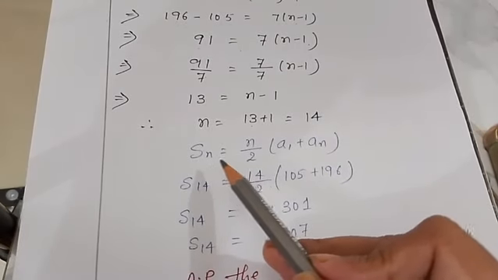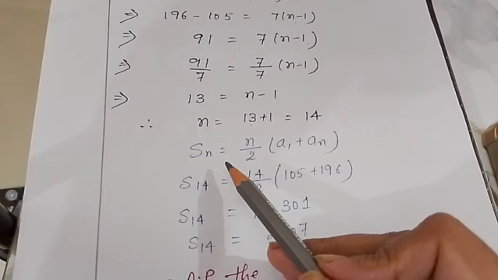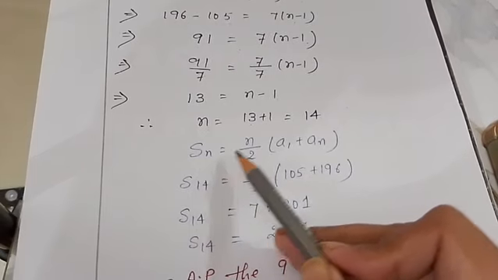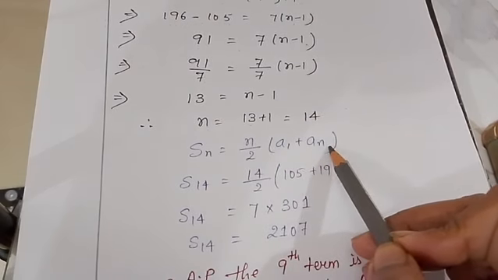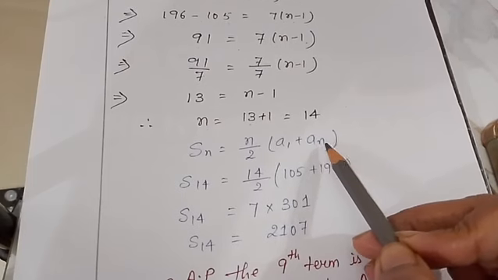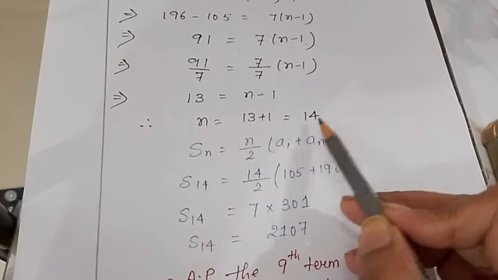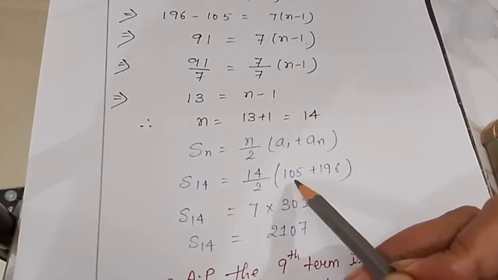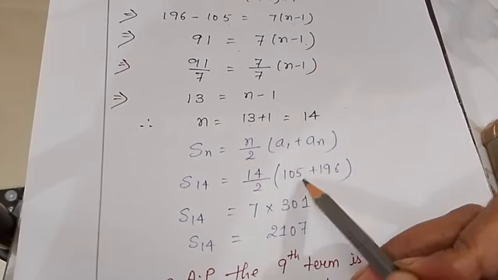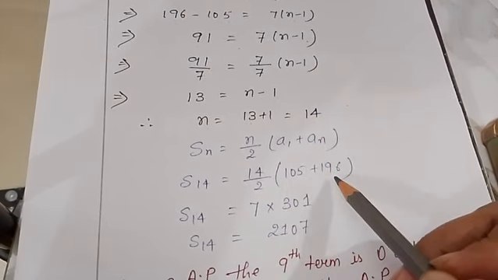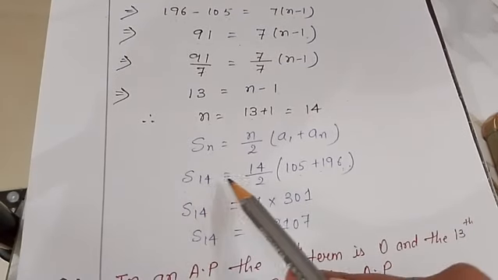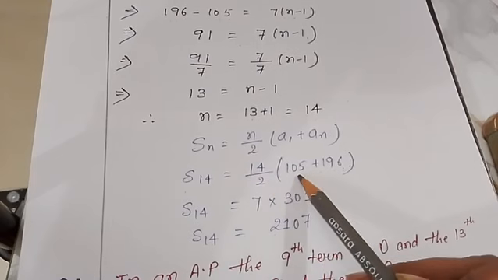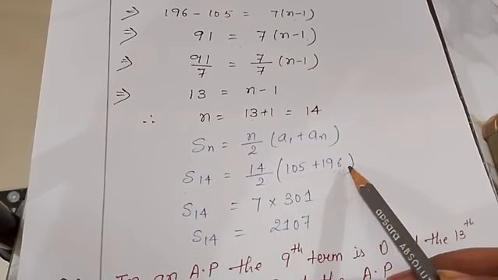Now, calculate the sum. The sum of an arithmetic series is calculated using the formula Sn is equal to n upon 2 times (a1 plus an). Substituting the values n is equal to 14, a1 is equal to 105 and an is equal to 196, S14 is equal to 14 upon 2 times (105 plus 196).